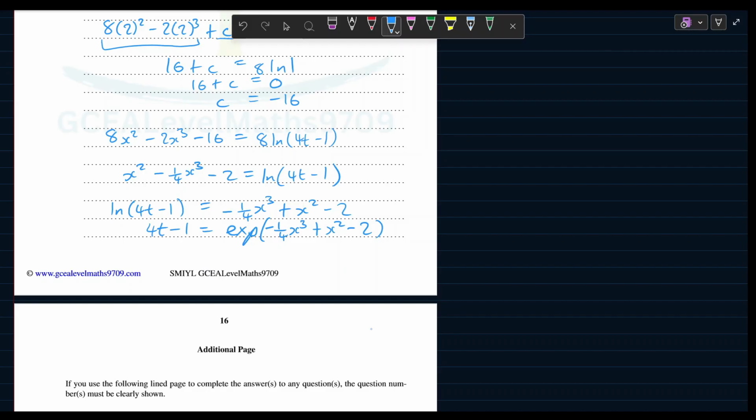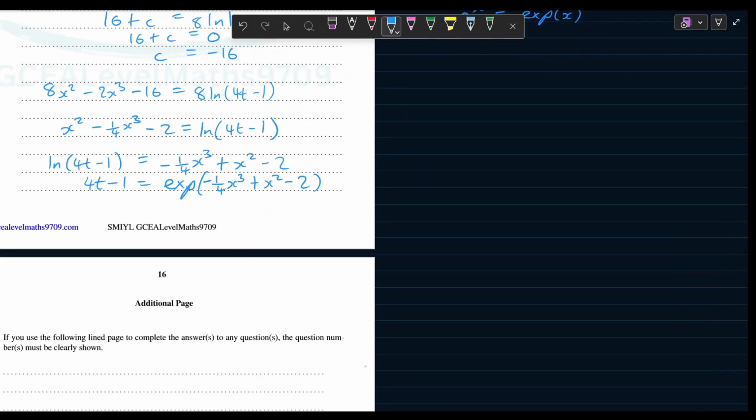If you haven't seen this notation before, e to the x is the same as the exponential of x. It just makes it easier to write when you've got longer powers, longer indices.